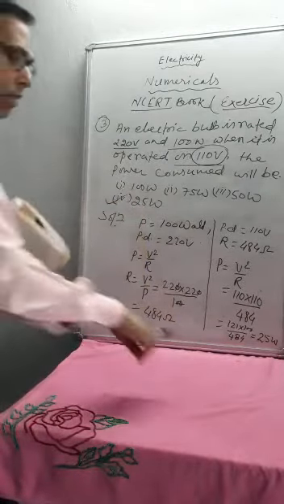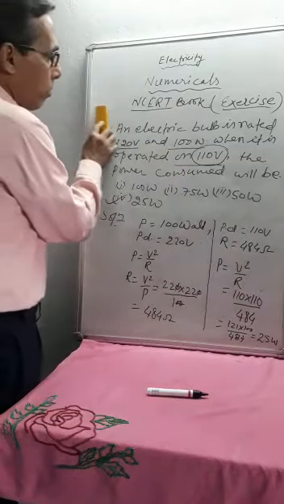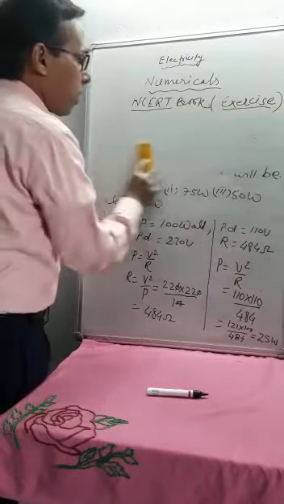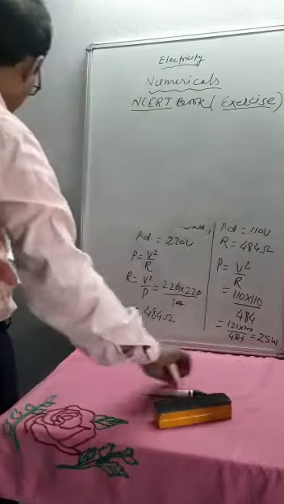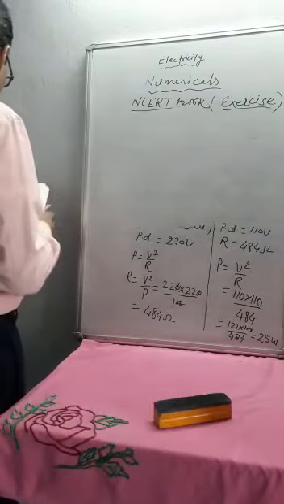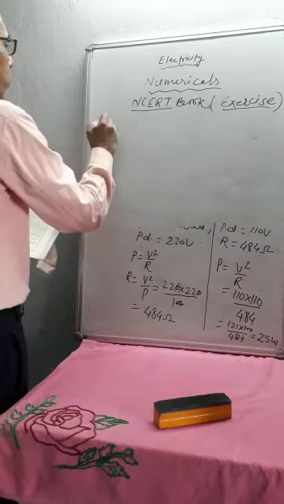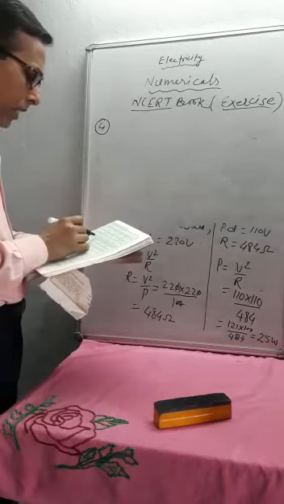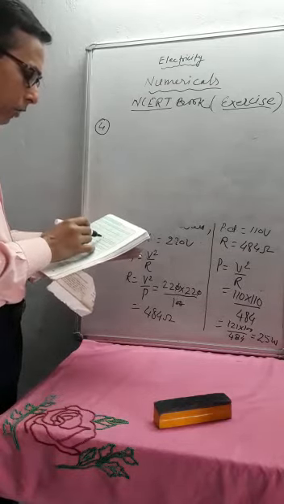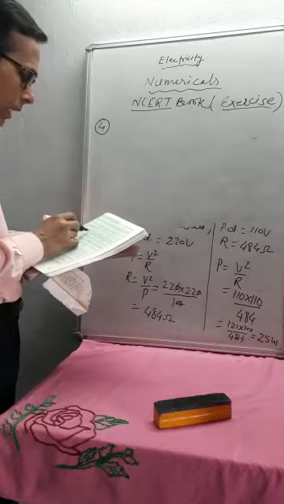Now the second question, it is question number 4 in your NCERT book. Two conducting wires of the same material and of equal lengths and equal diameters are first connected in series.